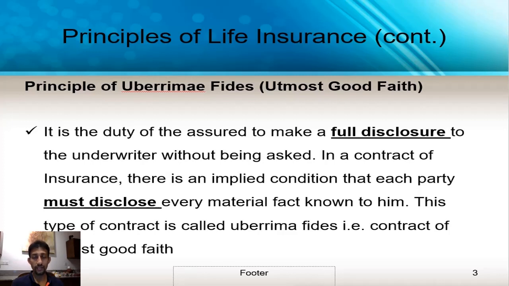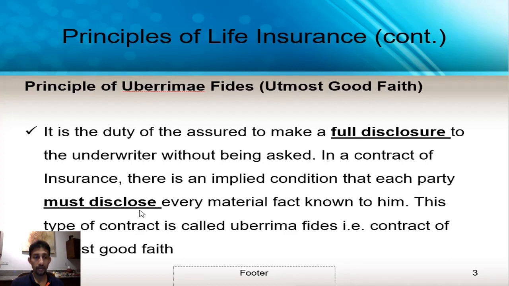Simply, utmost good faith refers to the duty of the assured to make a full disclosure to the underwriter without being asked. In a contract of insurance, there is an implied condition that each party must disclose every material fact known to him. This type of contract is called Uberrima Fides, a contract of utmost good faith.